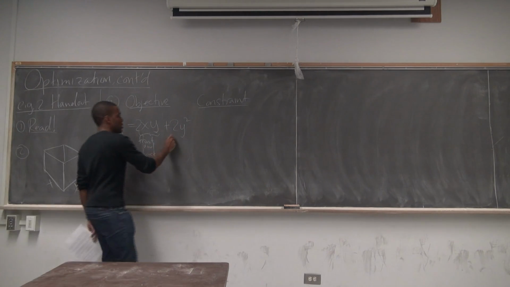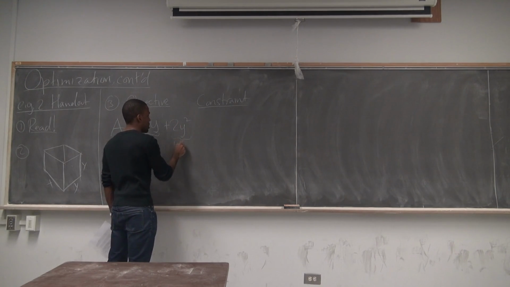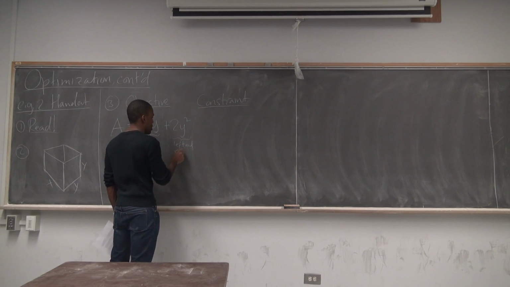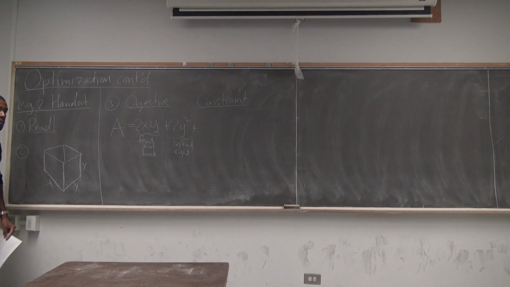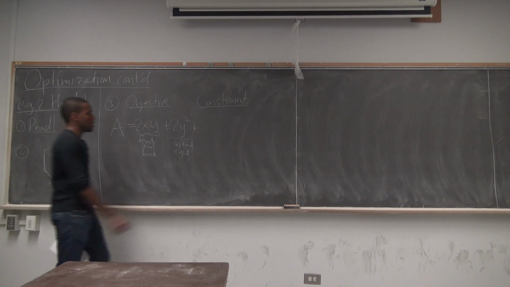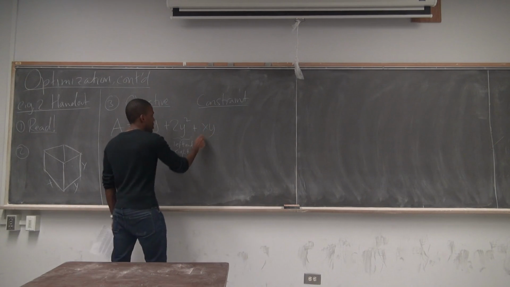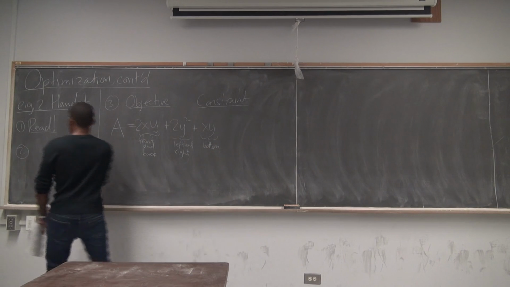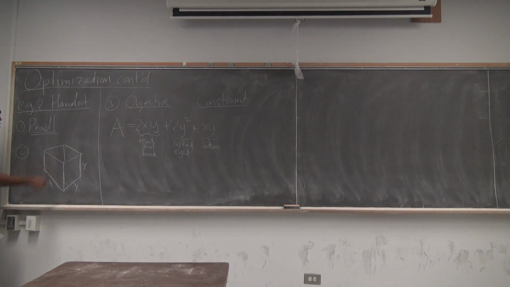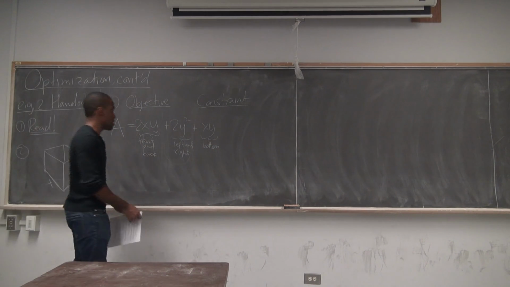And this is the left and right side. Plus xy, which is the bottom. Now notice, again, because we read the problem very carefully, we know that the top is open, so there is nothing to add for the top.